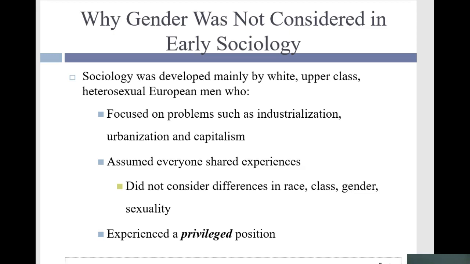They assumed everyone shared the same experiences. Did you share the same experiences as everyone else in this class? I often in my class, especially in social problems, say, okay, we all went to high school.